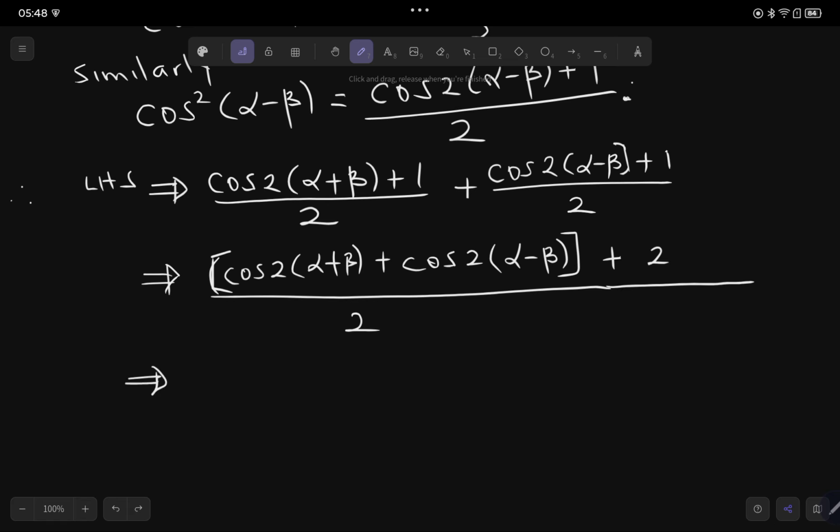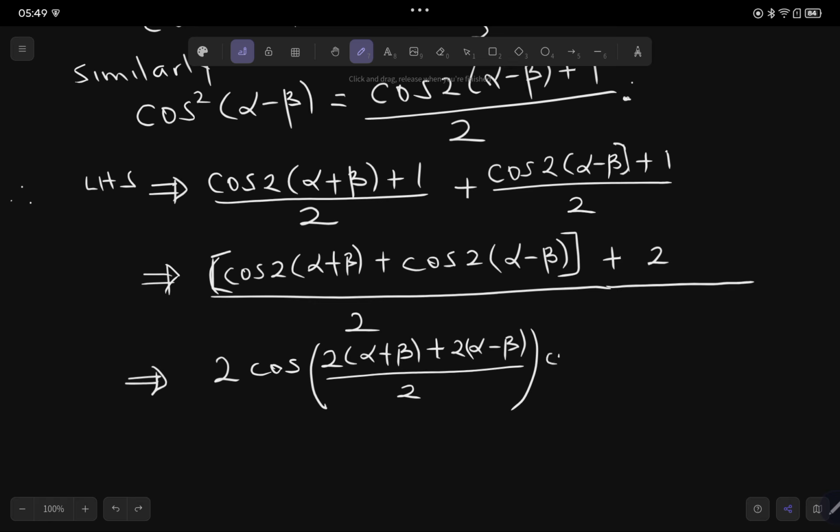Now, cos plus cos is supposed to be 2 cos cos. 2 cos of (2 alpha plus beta plus 2 alpha minus beta), all of it divided by 2.